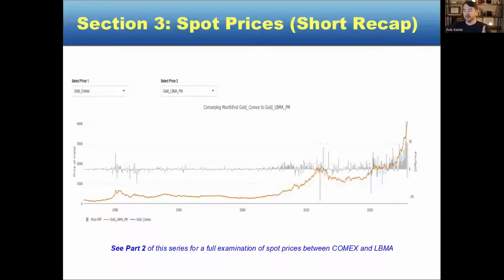But you can see that the difference between the London market and the American market in gold spot prices has increased since about 2003, 2004. So there has been arbitrage, or the ability to play different prices on gold and silver, dating back the last 21 years.